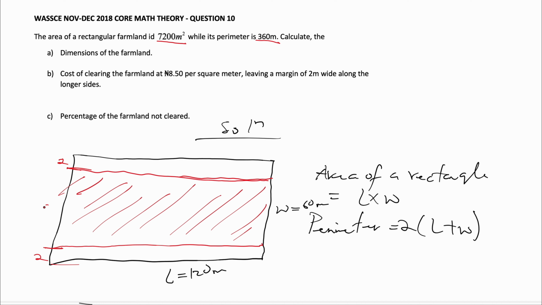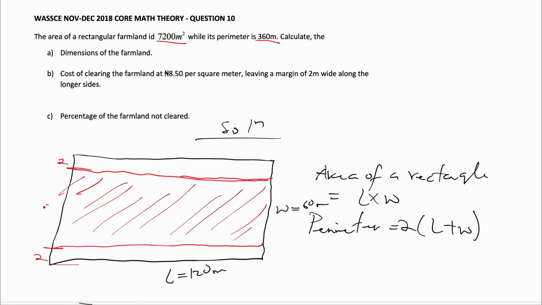So if 1 meter squared is equal to 80.50 naira, then 6720 meters squared will be equal to 6720 over 1 times 80.50 naira, which is 540,960 naira.